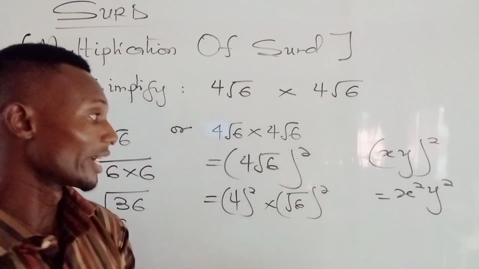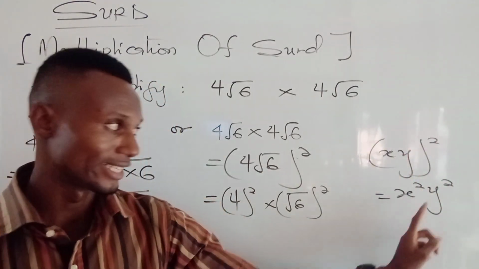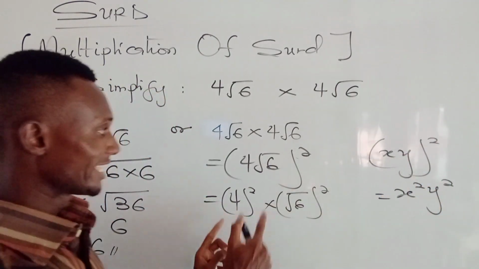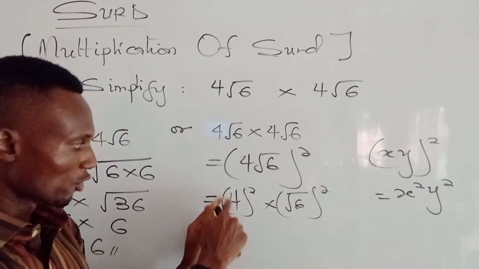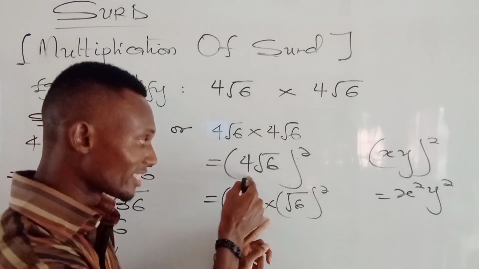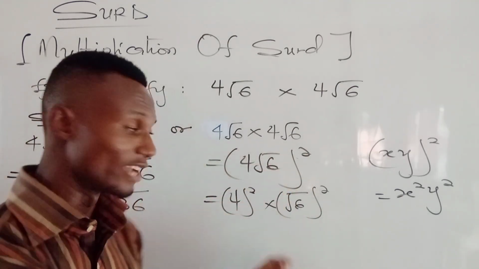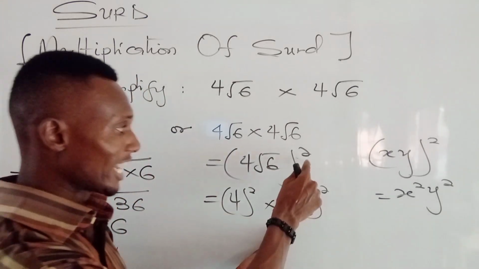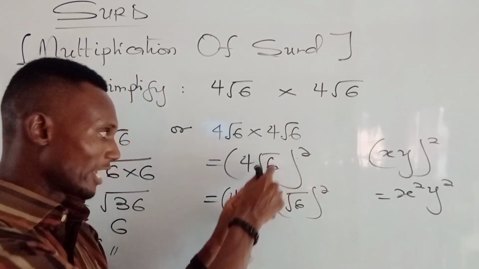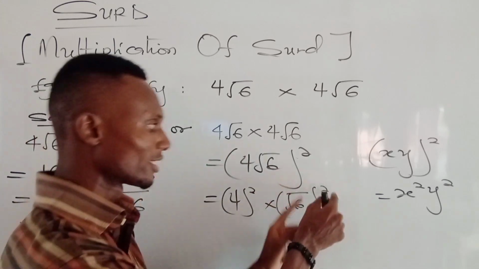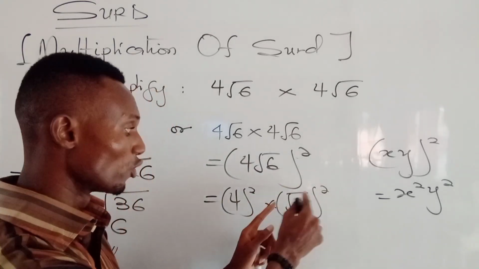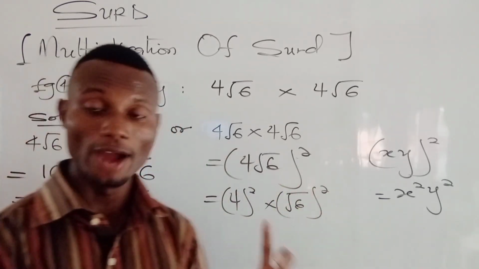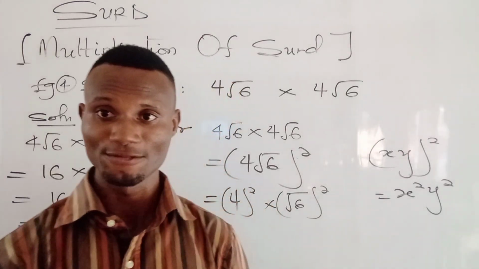The square affects everything in the bracket, so the square here will affect the 4, so 4 squared. Because the 4 and the root 6 are multiplying, you have to bring your times. And the square here will also affect the root 6, so root 6 in brackets to the power 2, root 6 all squared. I hope the explanation is clear enough up to this point.